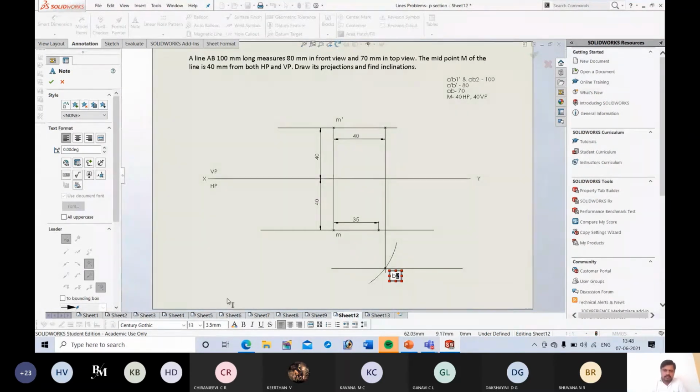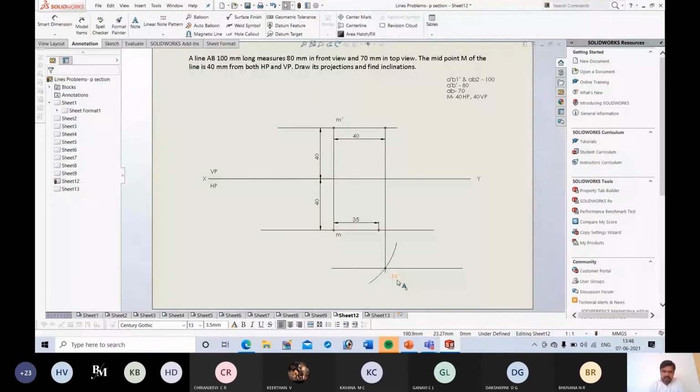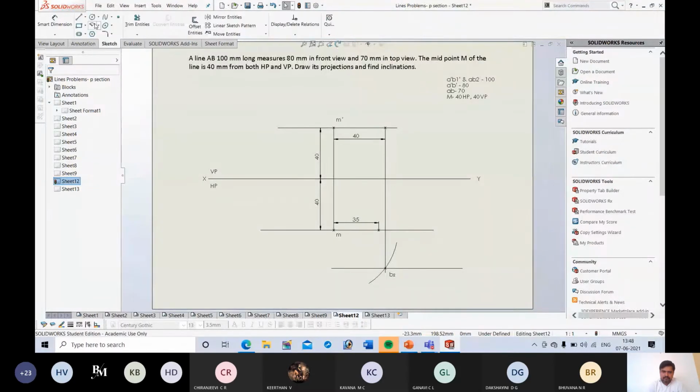Next, in a similar manner, I will draw a vertical from the locus of M to VP. Now again I will consider the same 50 mm as radius from the point M dash.